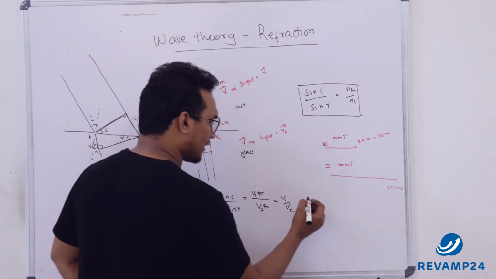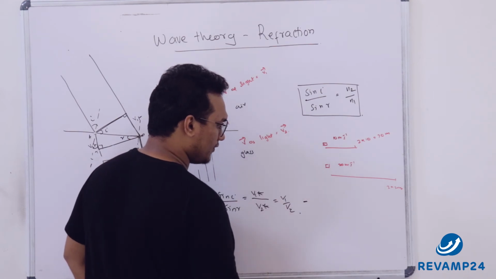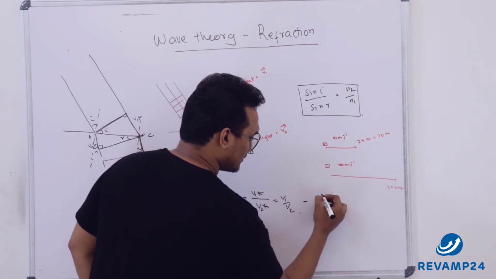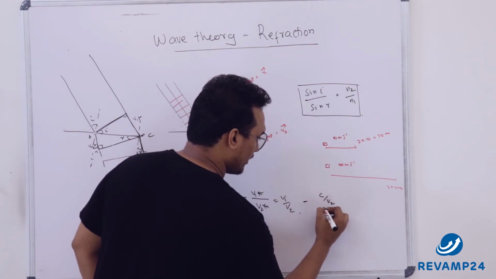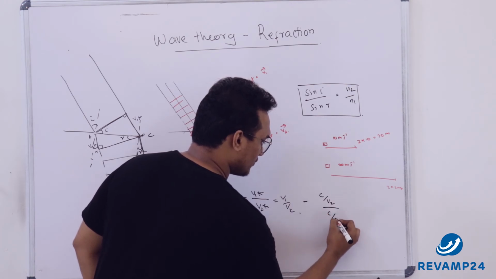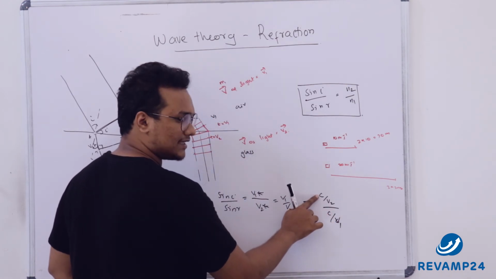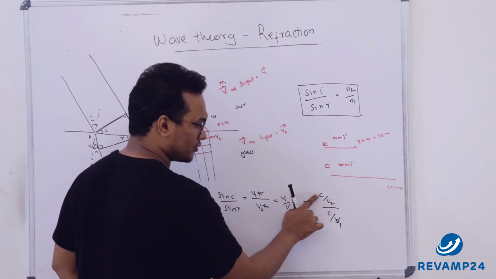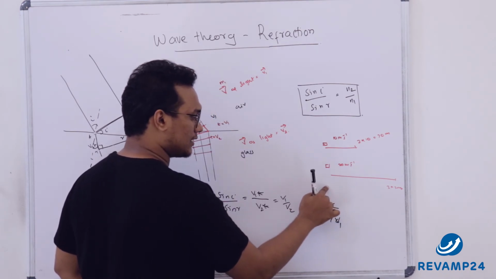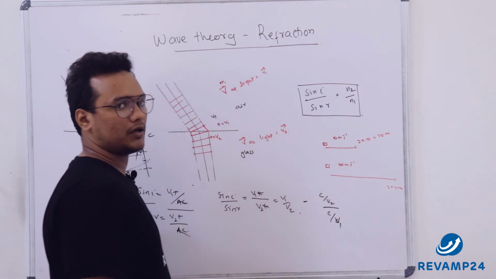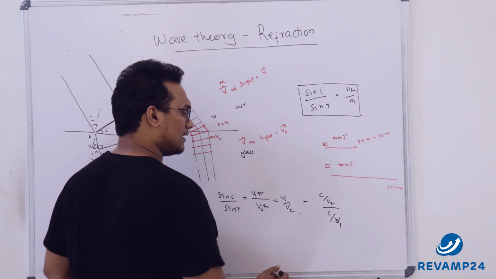So this can also be written as V1 by V2 is C by V2 divided by C by V1. C is the velocity of light in vacuum. So C will cancel, V1 will come to the top and this will become V1 by V2. But why have I done it this way?